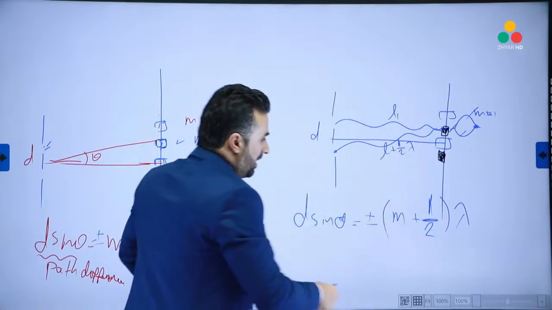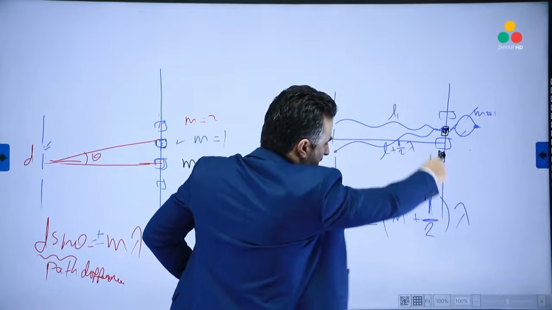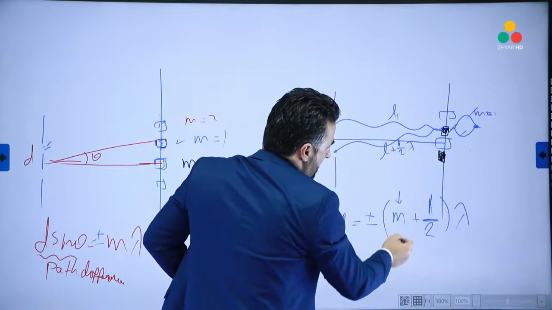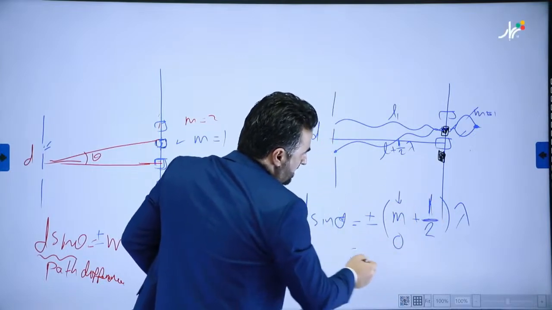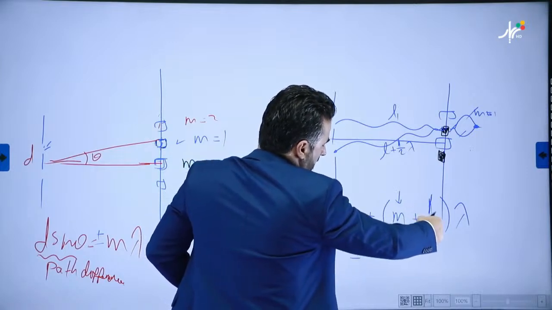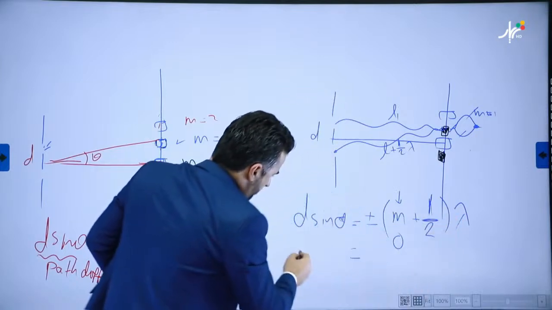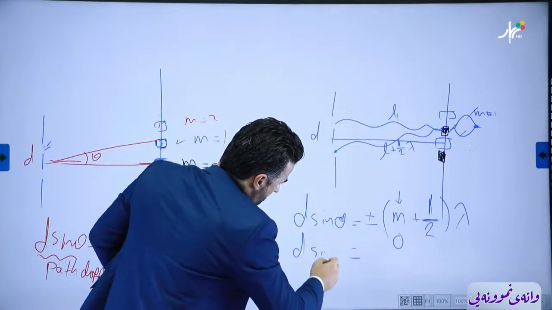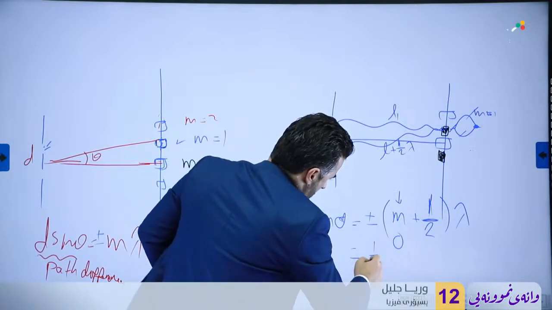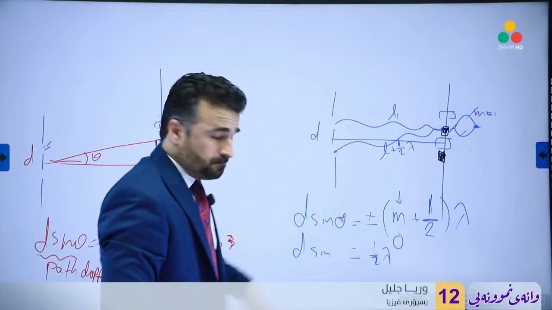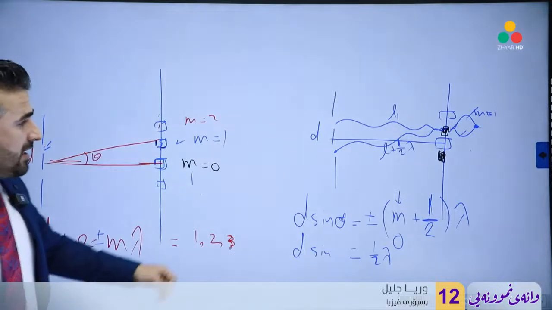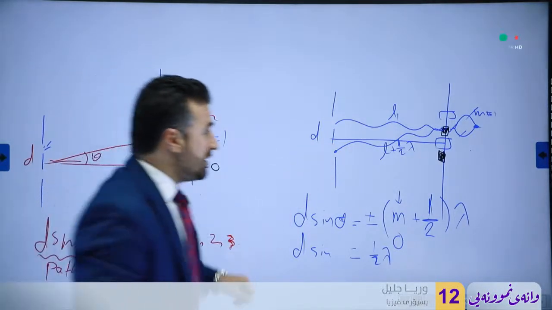We will get it when the phase difference between the two is half. That means in this case m is 0. If m is 0, then 0 plus half is half a wavelength. So d sine theta is equal to half a wavelength, correct? If that is the case, then we will get the first dark fringe here.